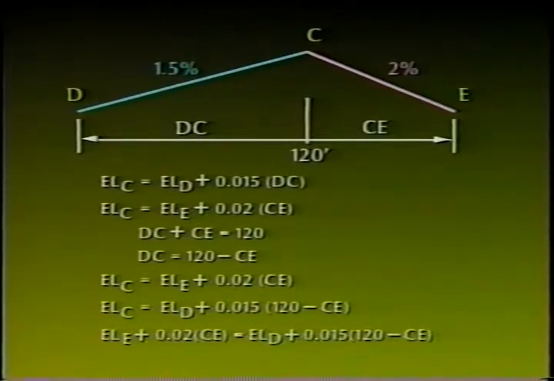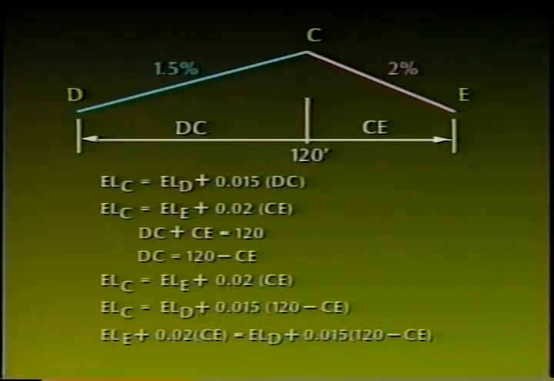The equation from point E is the elevation of C equals the elevation of E plus 0.02 times the distance CE. We know that distance DC plus distance CE equals 120 feet. So distance DC equals 120 feet minus distance CE.